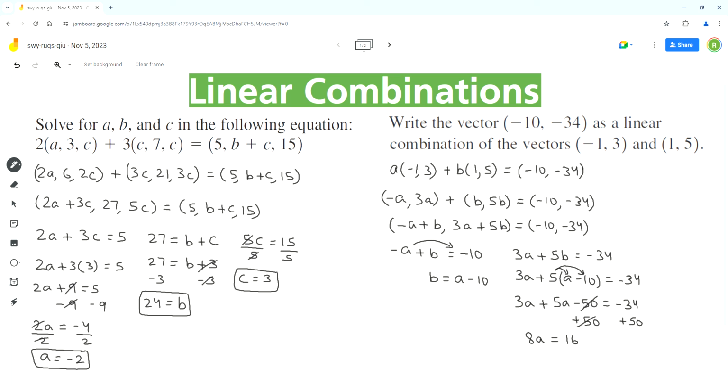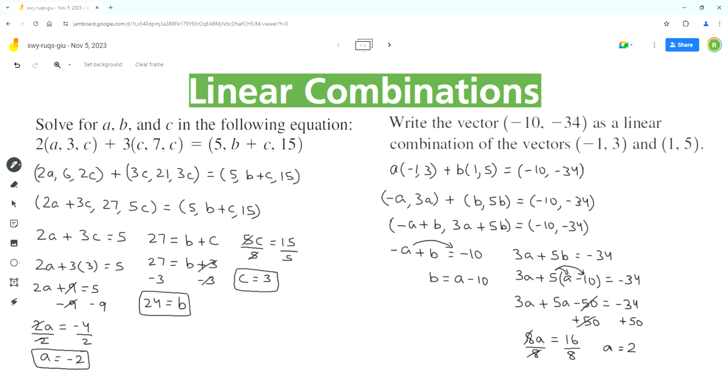And now we can divide both sides by 8. So a is equal to 2. So this should be the final answer for the value of a.